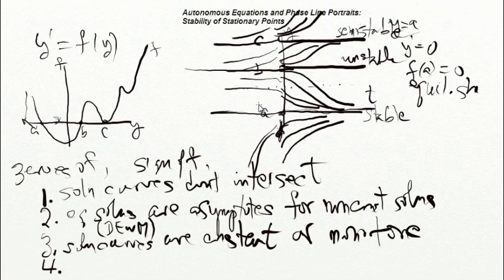What's going to happen? The constant solutions are going to project to these points, and all the other solutions are going to project to the entire intervals in between them. Right? The solutions between B and C will project to that. And so that gives rise to the concept of a phase line portrait.